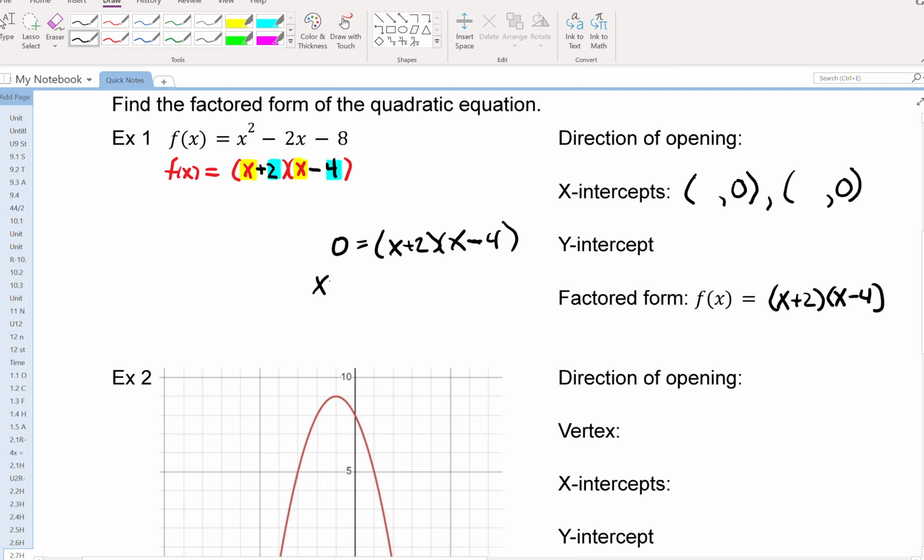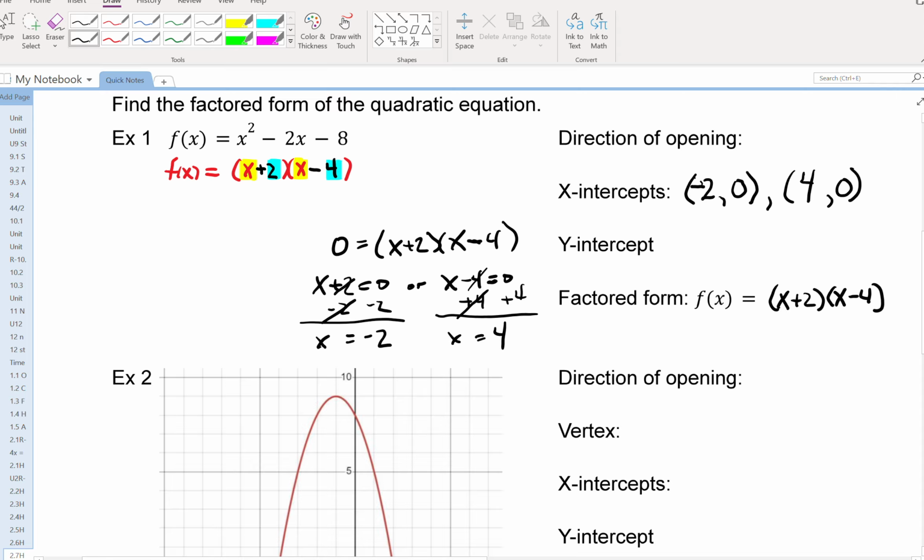Then for this to be true, either x plus 2 must be 0 or x minus 4 must be 0 through the zero product property. And so here if I subtract 2, that cancels. x then is equal to negative 2. Or if I add 4, x is equal to 4. And so my x-intercepts are at negative 2, comma 0 and 4, comma 0.